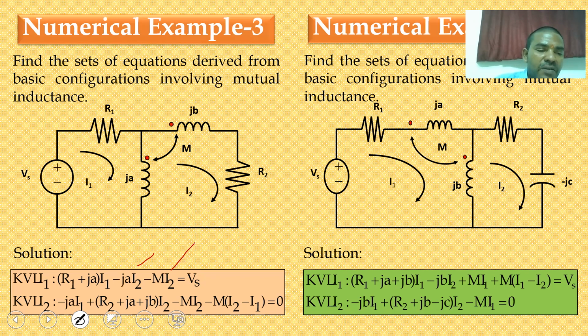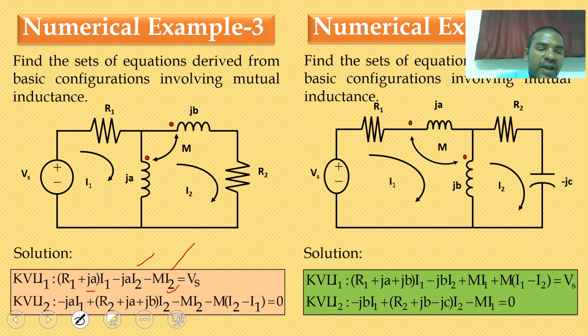Now coming to the second equation, J is a combination of I2 and I1. So I am writing minus JA I1. The second loop passive elements are JA, JB and R2, so R2 plus JA plus JB into I2. This is your second drop.